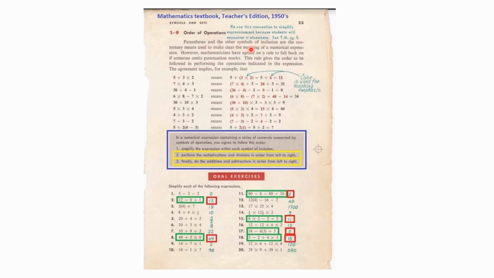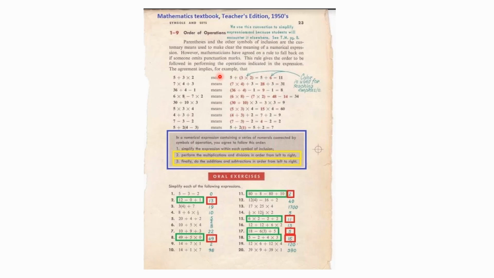It says parentheses and other symbols of inclusion are the customary means used to make clear the meaning of numerical expressions. However, mathematicians have agreed on a rule to fall back on if someone omits punctuation marks, like your brackets, like your parentheses. This rule gives the order to be followed in performing the operations indicated in the expression.